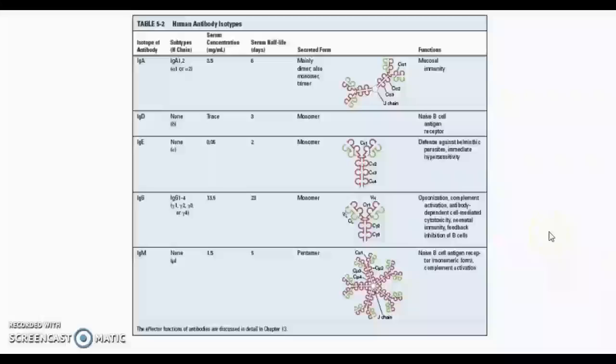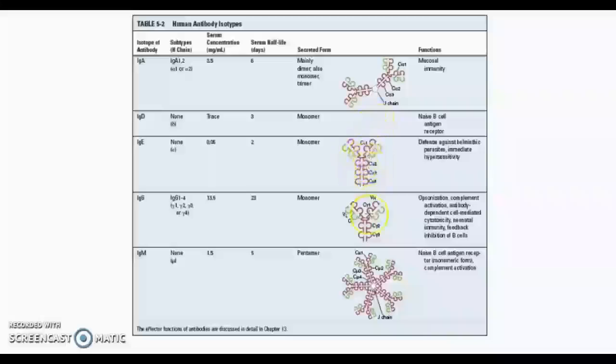As for the differences between the antibodies, IgA 1 and 2 is a dimer connected by a J chain, or joining chain. IgD is a monomer and it is not secreted, it is a membrane-bound immunoglobulin.